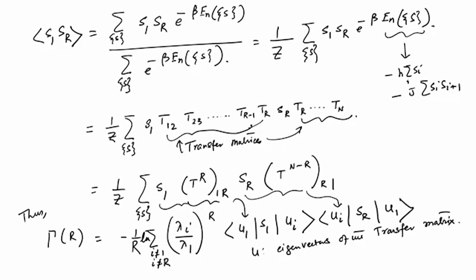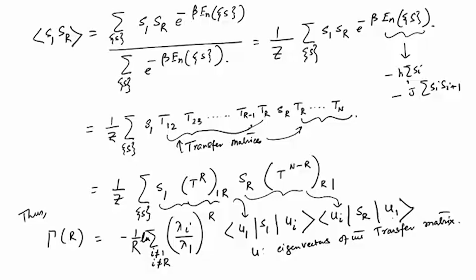So, we are taking the expectation value of the S1 spin, which of course can take values plus and minus 1, between the first eigenvector of the transfer matrix, and squeezed between the ith eigenvector. I is a running index, and then this is the rth spin, which again can take values plus and minus 1, and squeezed between the UI and the U1. So, that is the R1 value.